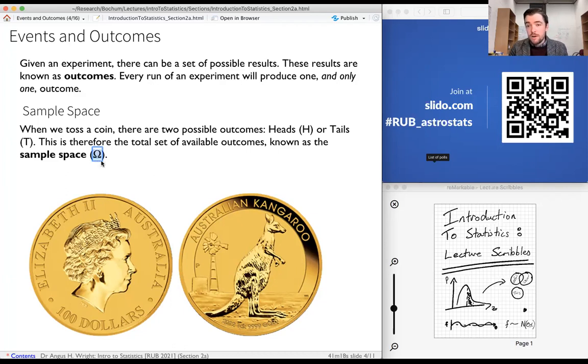I know that's a bit redundant with the capital omega that we've used for population earlier. But these two things are not ideologically dissimilar. The population being the set of all possible observations and the sample space being the set of all possible outcomes. So there is some overlap conceptually with these things. It's a nice way of thinking about it.